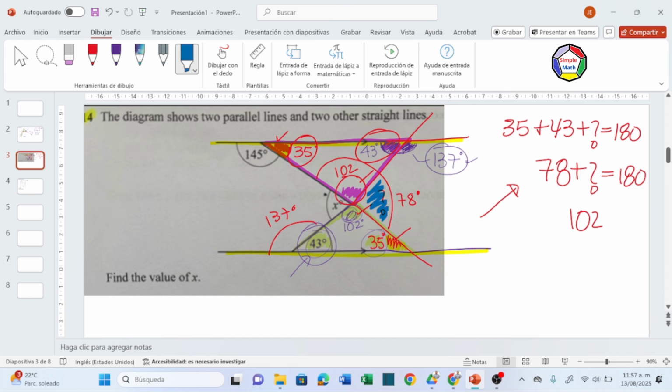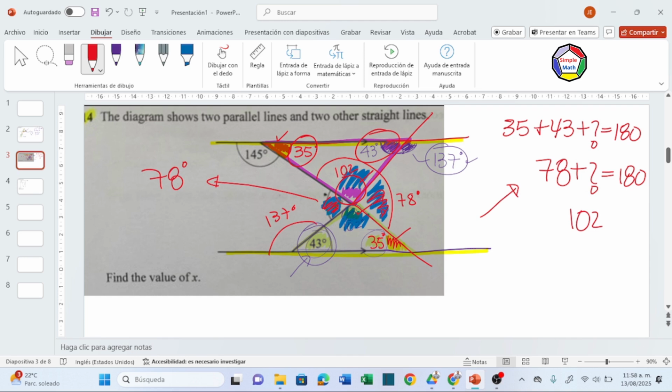This angle plus this angle plus this angle plus this angle, they make a circle, which is 360 degrees. Yes, you can find the value of x by using that strategy, or you just say that x is vertical with this one. So x is also 78 degrees because they are opposite angles or vertical angles.